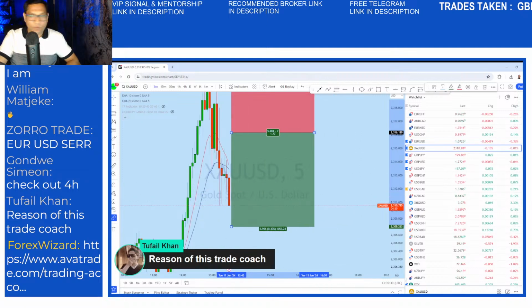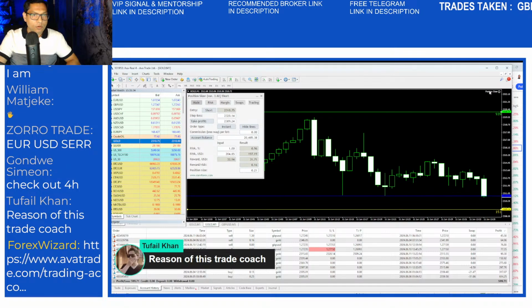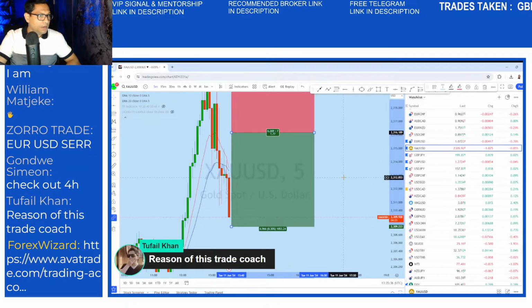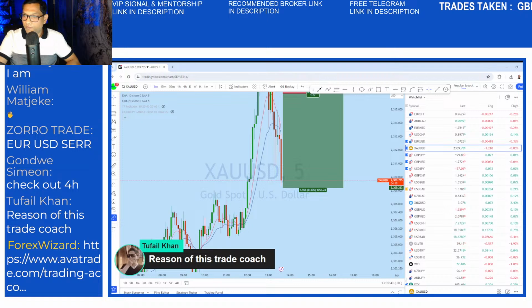Gold is dropping from that level. Price action is bearish. We might now see a break below that level. Pretty interesting price action.